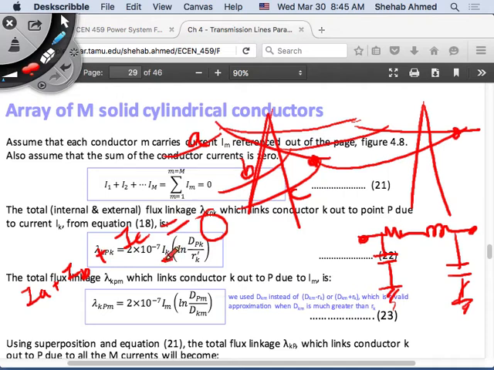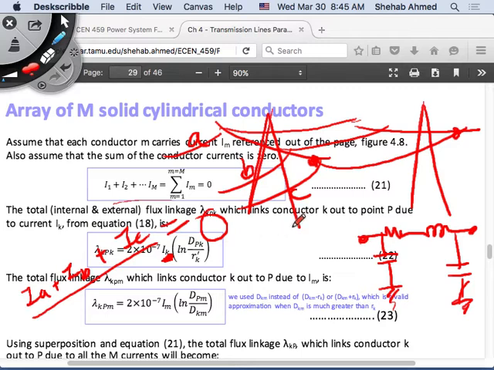So the flux linkage of conductor A will have the effect of current flowing in IA, in IB, and in IC as well. They will all be there, but we need to simplify the total summation. One way is knowledge of the physics: in balanced three-phase systems the sum of the three currents is 0, so we will use this identity to simplify the big summation.